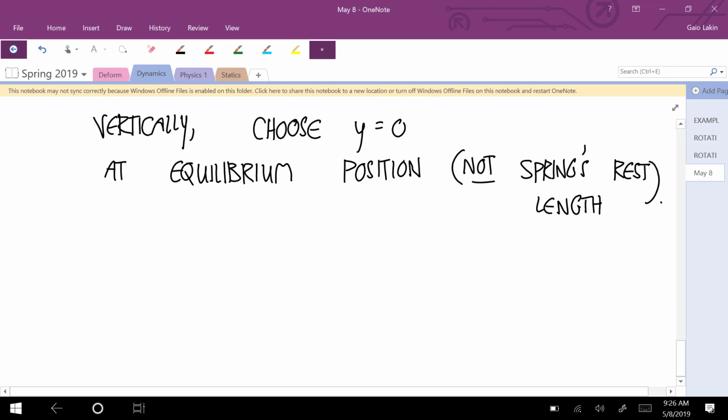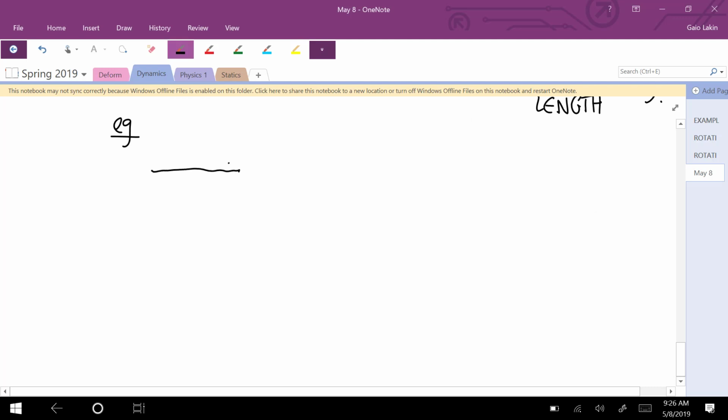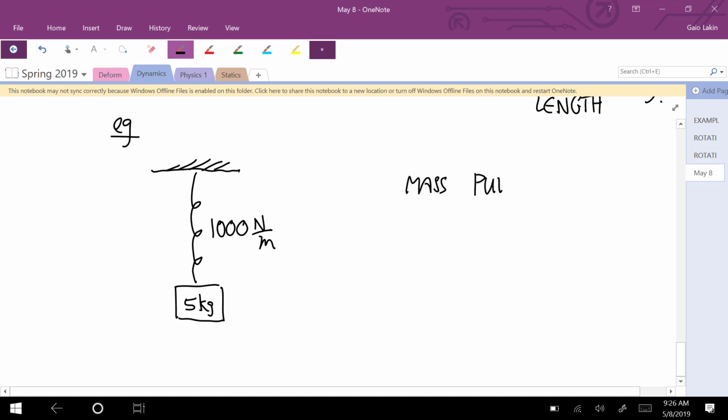So if you have, for example, let's say this is 5 kilograms, this is 1,000 newtons per meter, and the mass is pulled down 5 centimeters and released from rest.